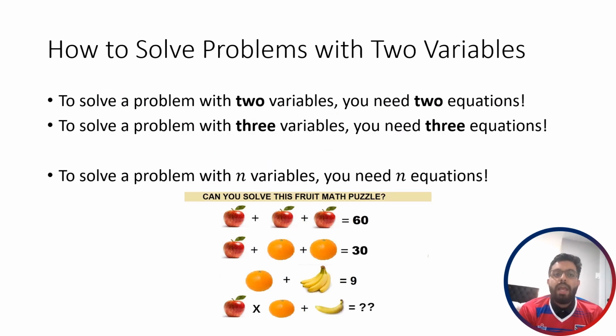So let's talk about how to actually solve problems with 2 or more variables. In order to solve a problem with 2 variables, you need to have 2 separate equations with information about at least one of the variables in each case, right? So let's say one equation says x plus y equals 12.